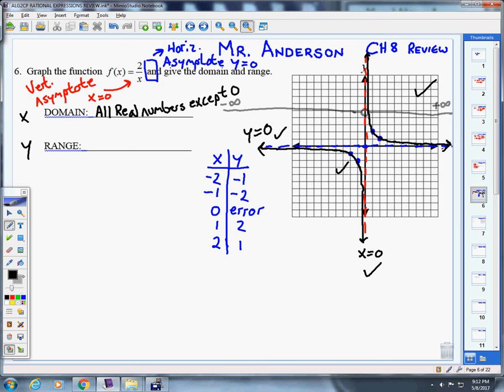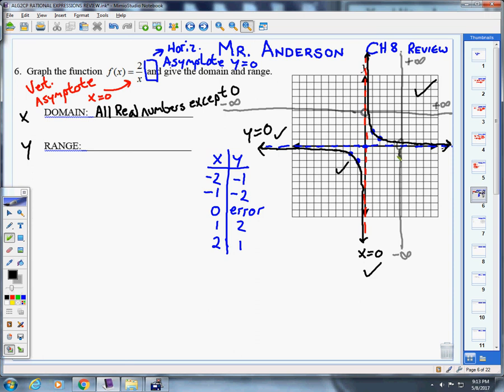All right, and then on the y values, let's start down here. We start at negative infinity on the y values, and we go up towards positive infinity. Again, we have this little hole right here at y equals 0, and going up and up towards positive infinity.